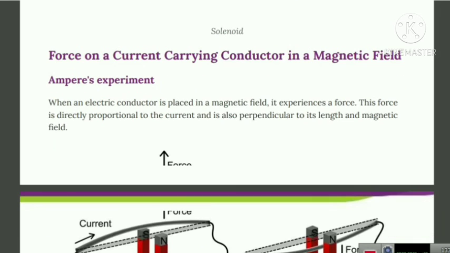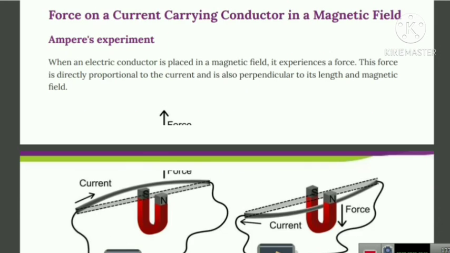Till that time we will see the next point, that is force on a current carrying conductor in a magnetic field, which is also called Ampere's experiment. The French scientist André Marie Ampere, 1775 to 1836, suggested that the magnet must exert an equal and opposite force on the current carrying conductor.